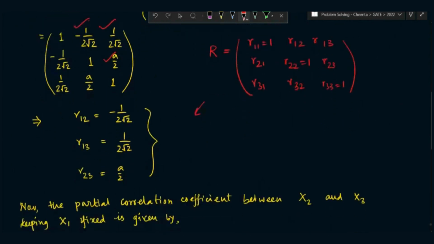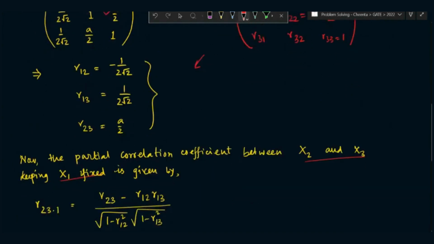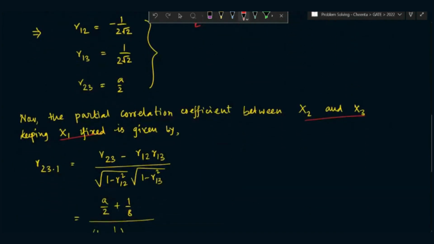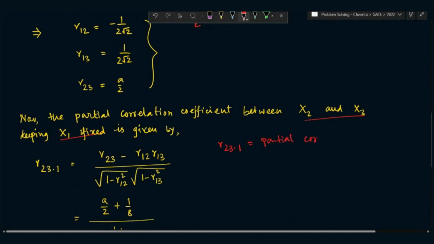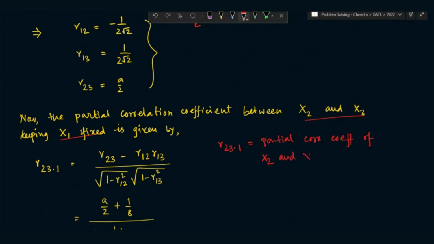Now we want the partial correlation coefficient between x2 and x3, given x1 fixed. The partial correlation coefficient is given by the formula R23.1. This is the symbol. R23.1 is the partial correlation coefficient of x2 and x3 given x1 fixed.